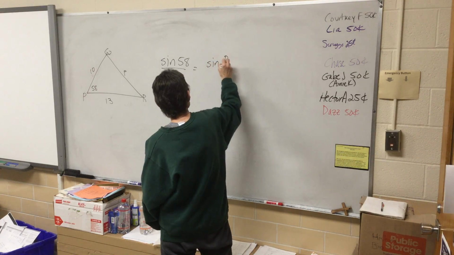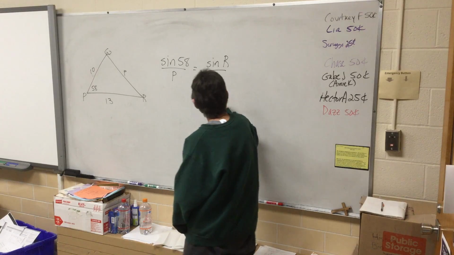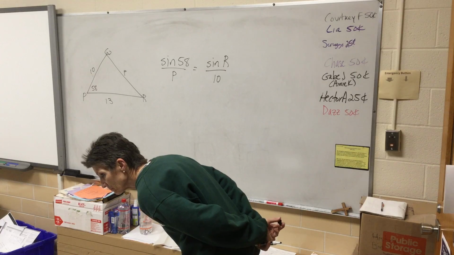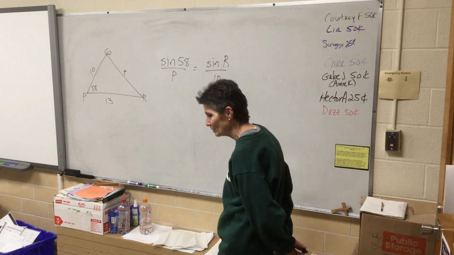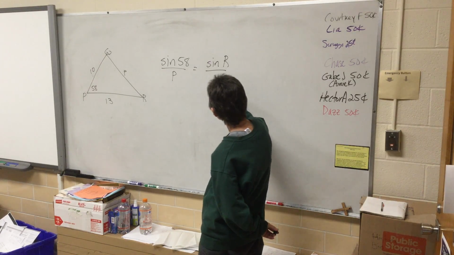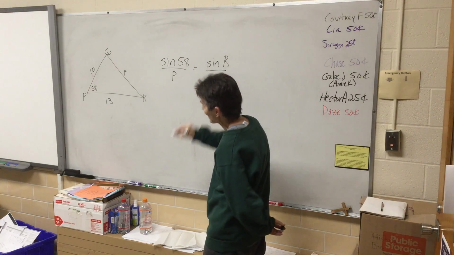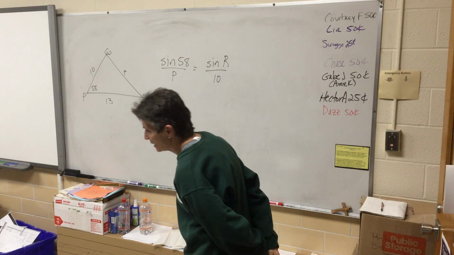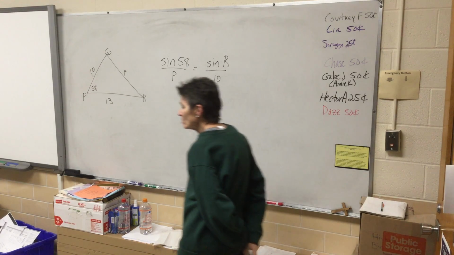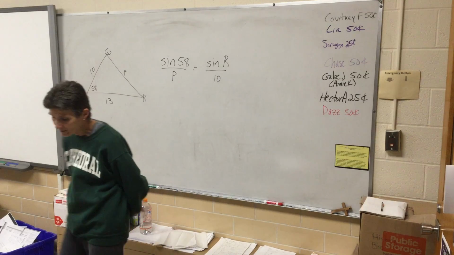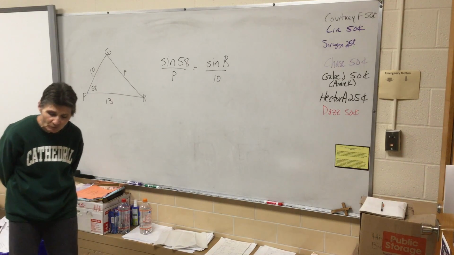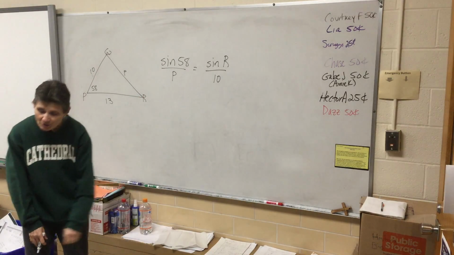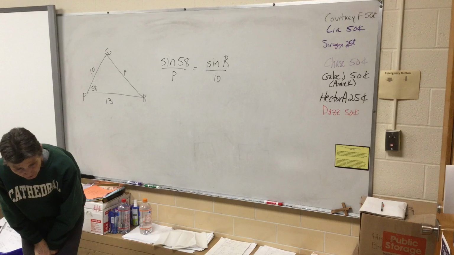Well, that would absolutely be true, but does anybody see a problem with that? It's two variables. There's two variables, absolutely. So should we try q instead of r? Or is that going to do the same thing? The same thing. I don't know if you were listening, because again, I've given you so much information the last few days. When you do the law of sines, what do you always have to start with?